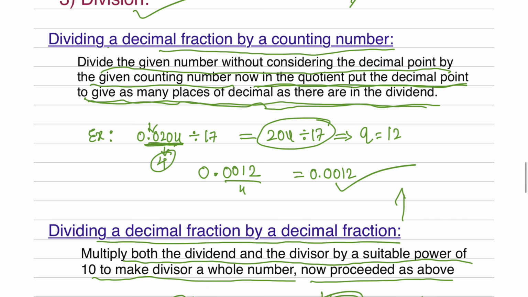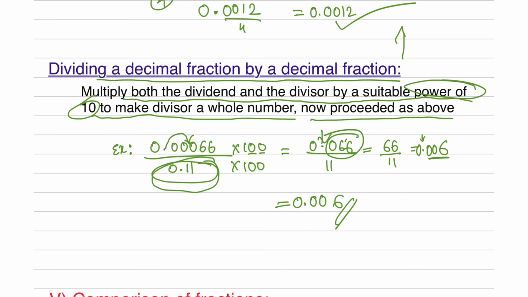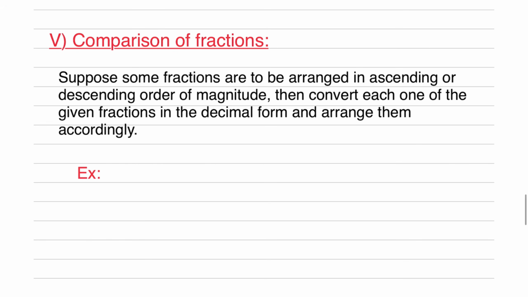So in the division, if it is a whole number, directly you can divide as a whole number and after division you can keep the decimal point. If the denominator is also a decimal fraction, then you have to make it a whole number and then proceed as above. Okay, now let us see comparison of fractions.